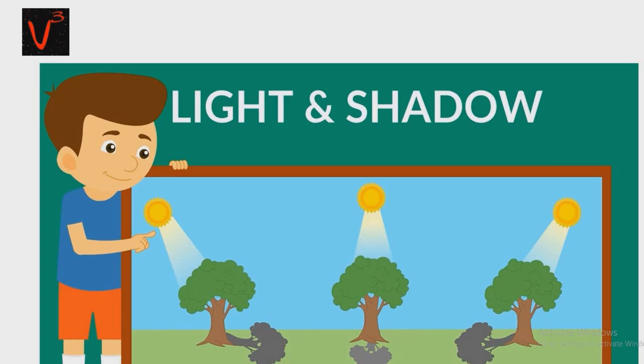Here in the image you can see clearly that in the morning and late afternoon, the shadow is bigger, right? And at noon time, at 12 o'clock, how is the shadow? Shorter. This you have observed on the streets also. While traveling, you have seen the trees' shadows. That is, the shadow changes depending upon the source of light.